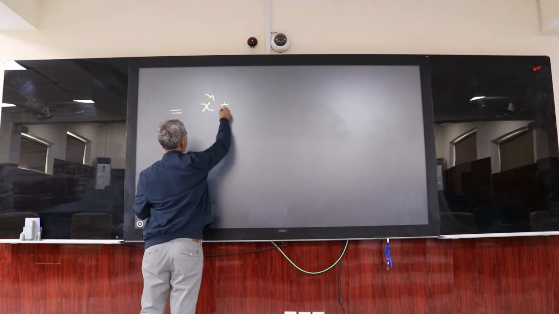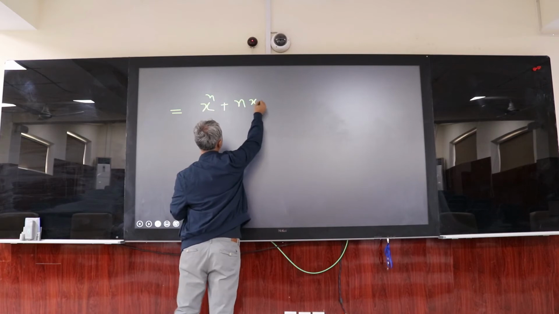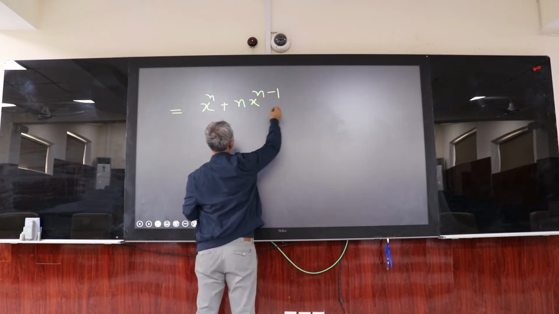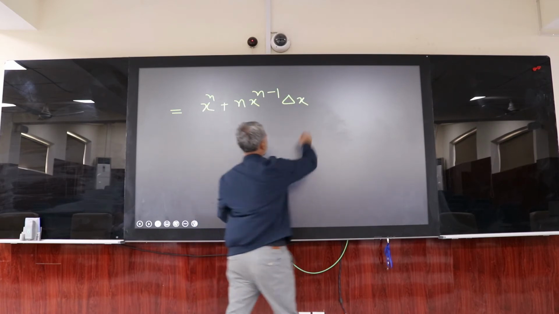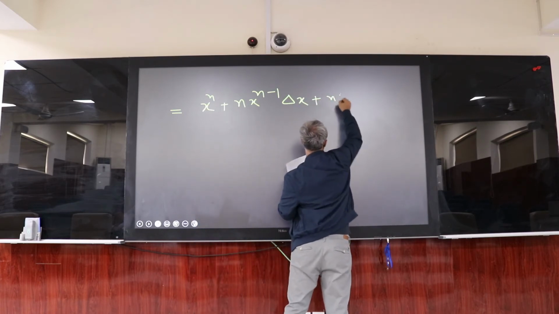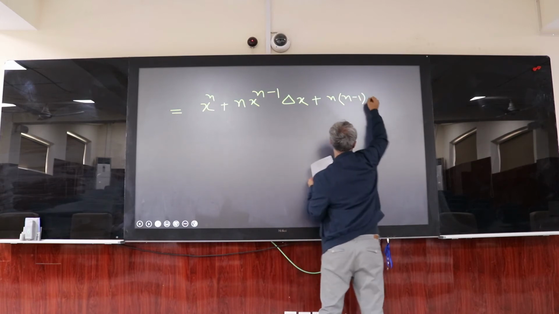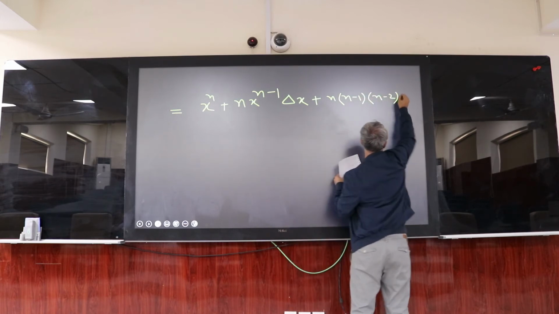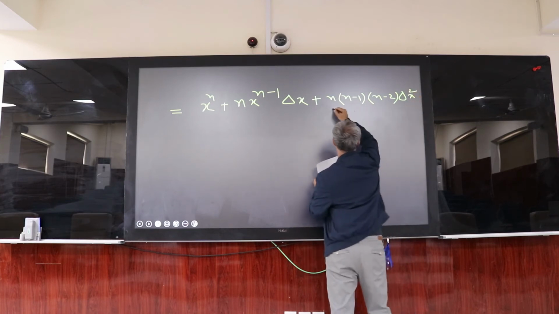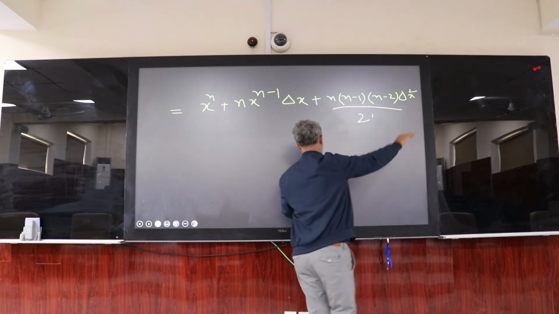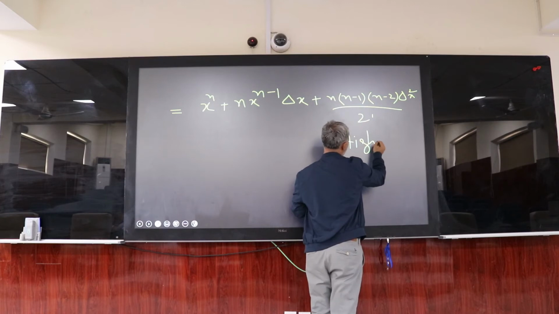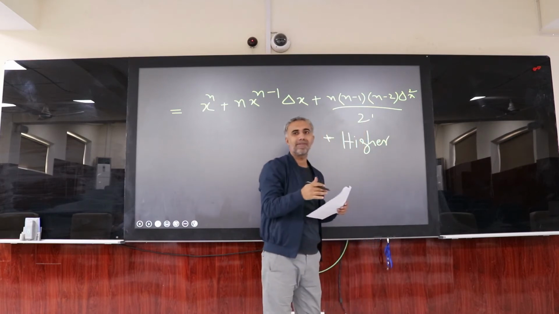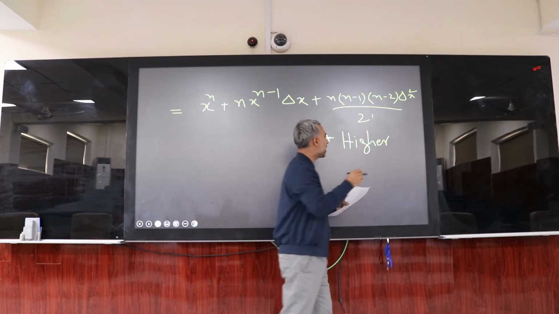Once you further multiply the terms, you will get x to the power n plus n x to the power n minus 1 times delta x plus n(n minus 1) delta x squared over 2 factorial, and many more terms of higher order. Once you multiply one factor with another again and again, it will become higher orders.